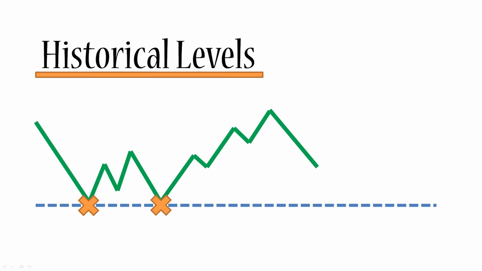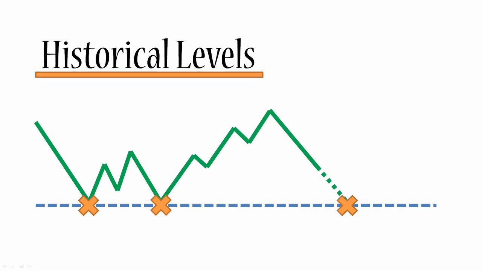So what can we anticipate from the price's future movement? Well, we can anticipate that if the price does go towards this support line, then something will probably happen over there.